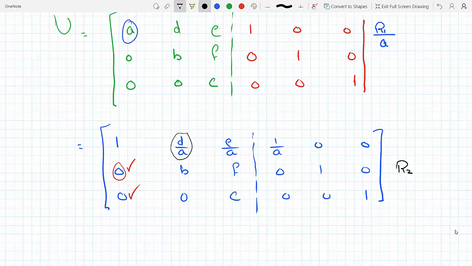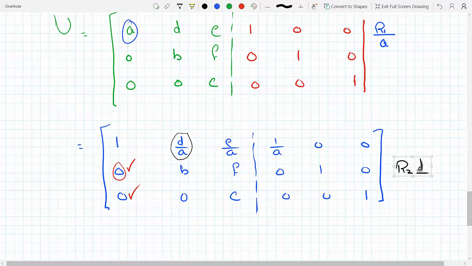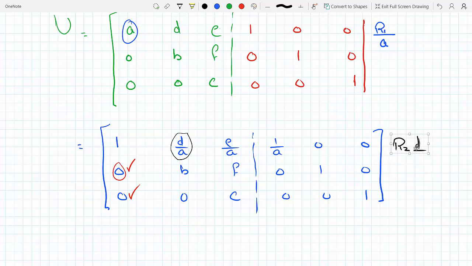First of all, there's no D over A here, so I could multiply row number 2 by D over A. Oops, I should put this next to row number 1. Actually, it's fine, because this is the row that needs to be changed.